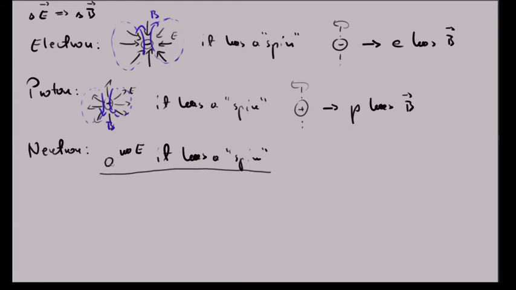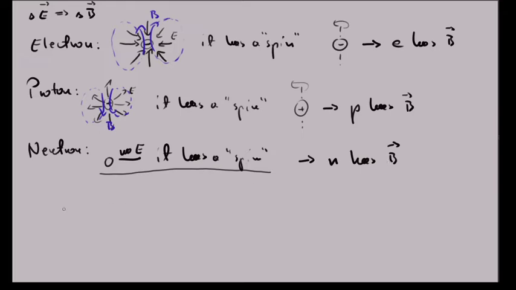So this analogy, this analysis, doesn't help you. Still, as it turns out, and this is something you should know, every neutron also has a magnetic field B. Even though it doesn't have an electric field, it will actually have a magnetic field.